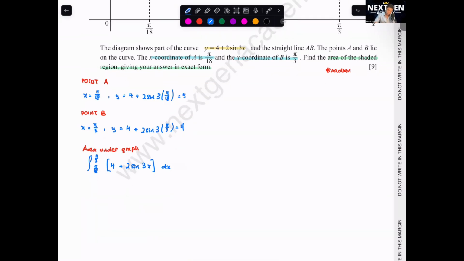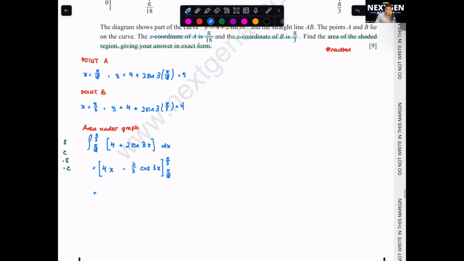Using the pattern s, c, negative s, negative c, when we integrate sine we get positive cos. Sorry, negative cos. Negative cos here. Then for this 3, you have to divide by 3. So our answer here will be 4x plus, minus 2 over 3 cos 3x, from pi over 18 to pi over 3.